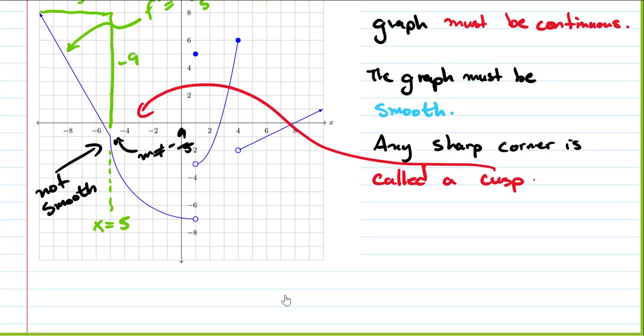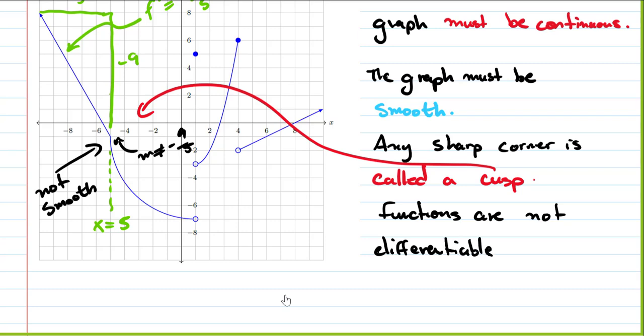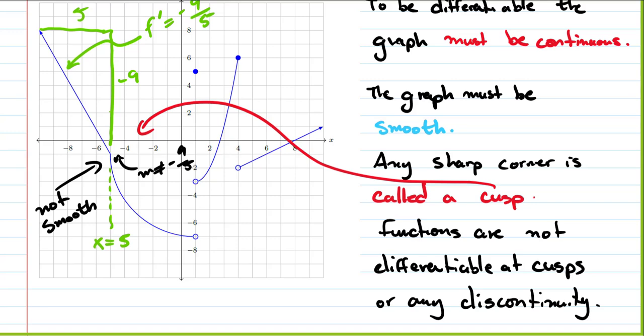Functions are not differentiable at cusps. Or jumps. Or, for that matter, at any discontinuity. A graph is not differentiable at any cusp or anywhere where it's discontinuous.